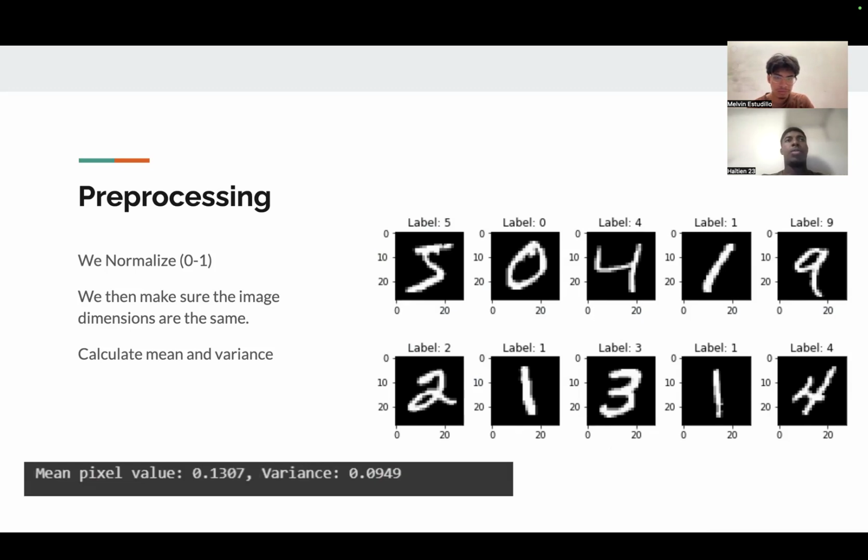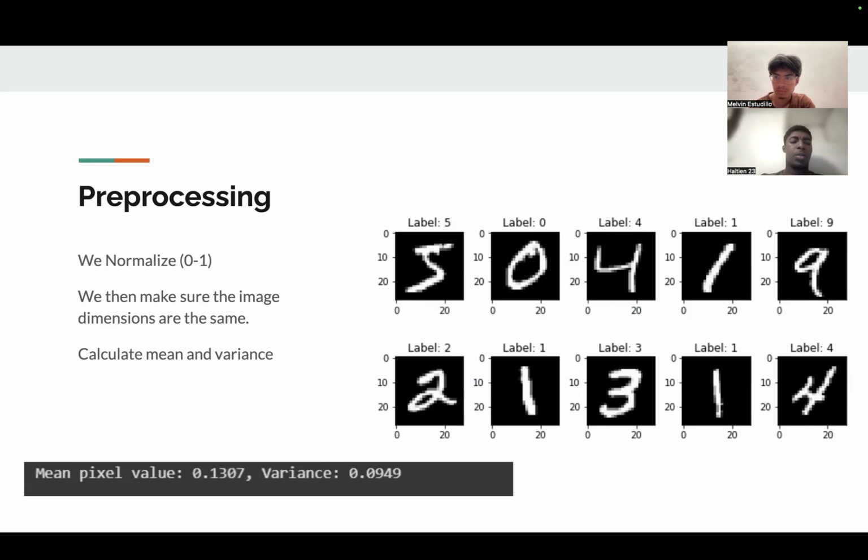If you have a model that's structured to handle 28 by 28 images, and it's now forced to take a 32 by 32 image, the model wouldn't understand how to go about that. So in order to prevent that from occurring, we structure the model so that it can handle the same image size.